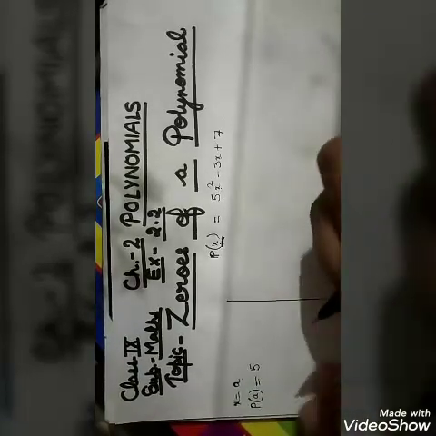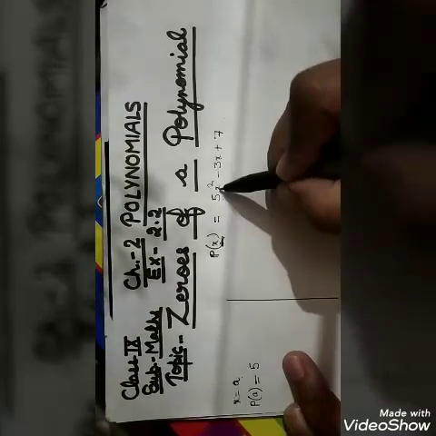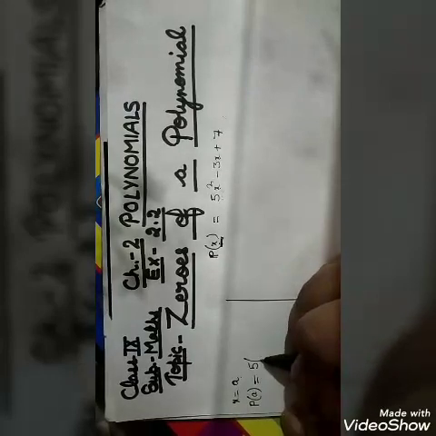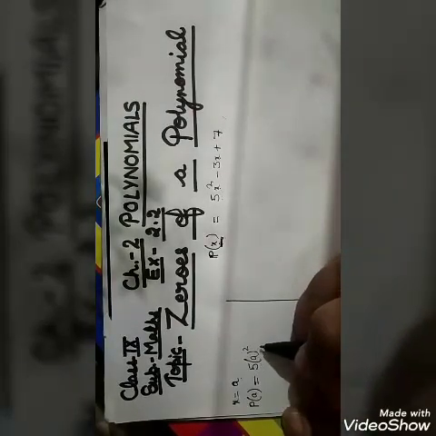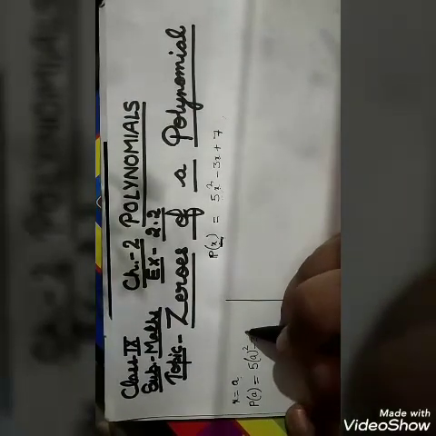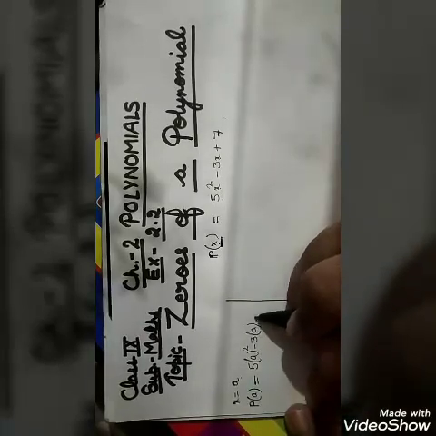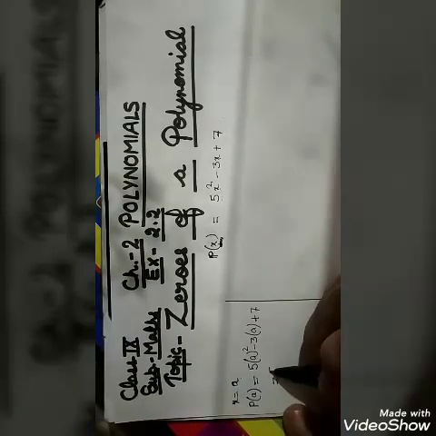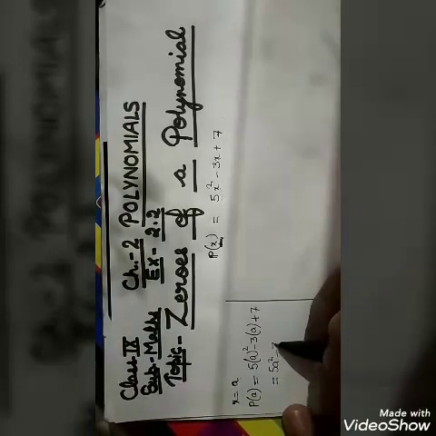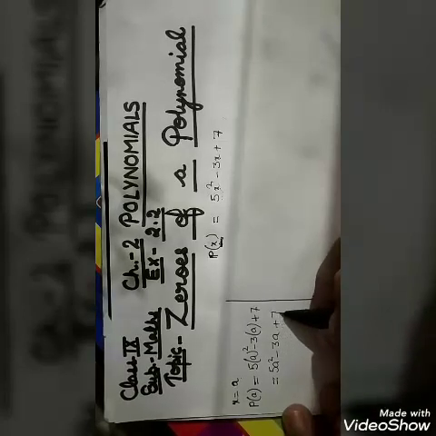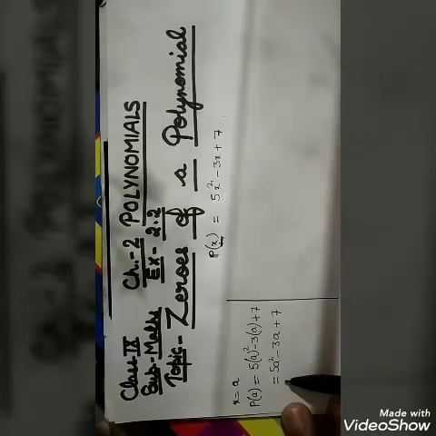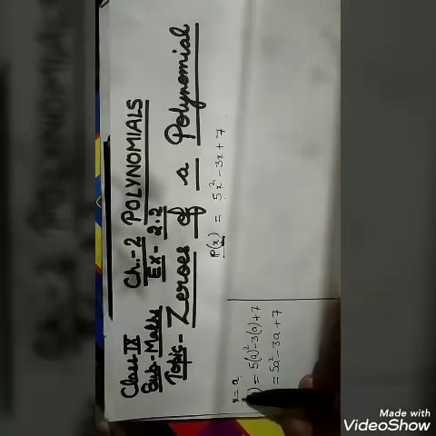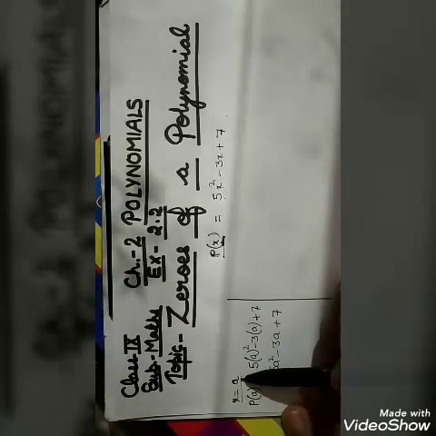The polynomial is 5x², so it will be 5a² - 3 into a + 7. We get 5a² - 3a + 7. This is the value of the polynomial p(x) at x = a.